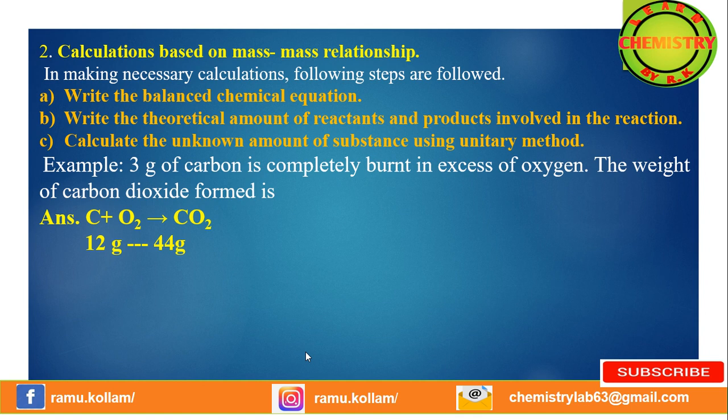That is the mass of carbon dioxide: carbon 12, oxygen 16 into 2 is 32, 32 plus 12, totally 44 grams. But here 3 grams of carbon is completely burned, not 12 grams. According to the balanced chemical equation we get 12 grams, but in the question it is 3 grams only.